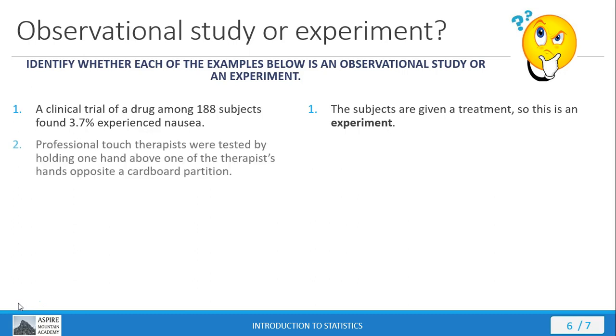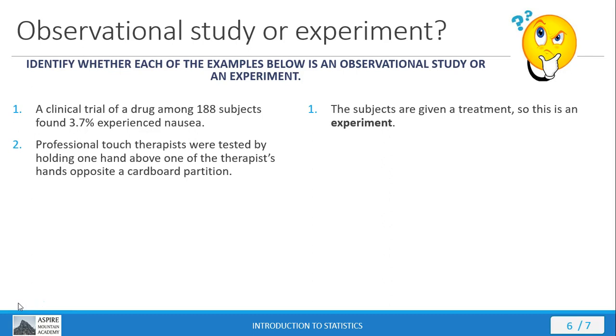Next, we have professional touch therapists tested by holding one hand above one of the therapist's hands opposite a cardboard partition. In other words, the therapist is on one side of the partition and places his or her hands through, and an observer on the other side holds one hand above one of the therapist's hands.